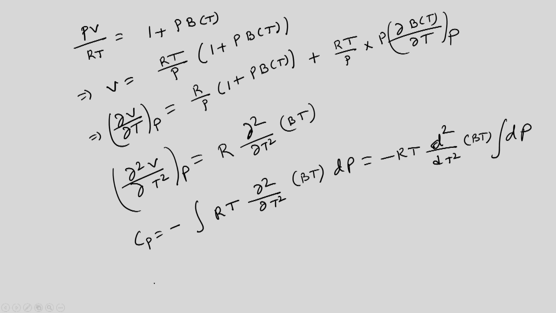So this is the value of Cp. So we get Cp is minus RT P ∂²/∂T² times B(T) plus constant, right.